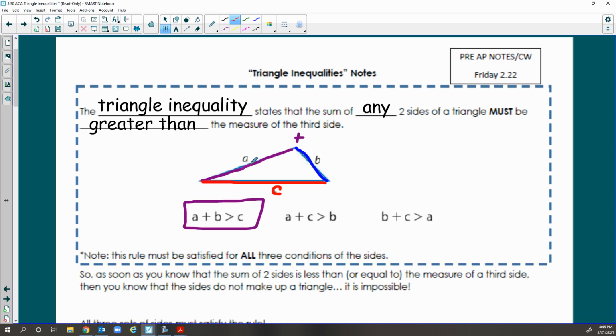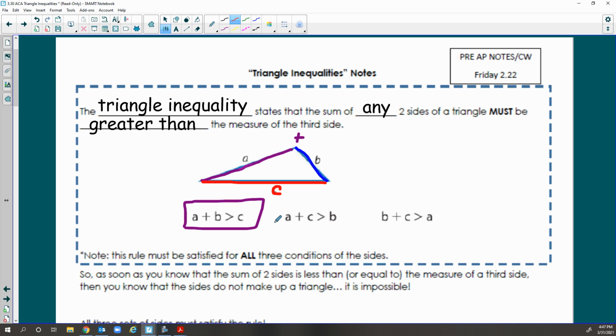The shorter two lengths have to add together to be longer than the longest length. If the longest side is C, then it's automatically going to be greater than the other length, even adding it to other stuff is just going to make it bigger. So I always like to make the longest length C when I'm assigning them.